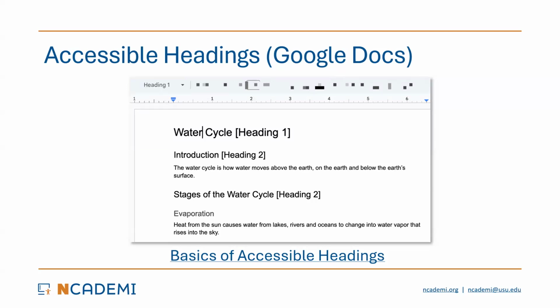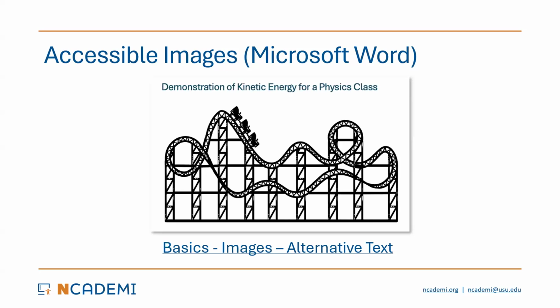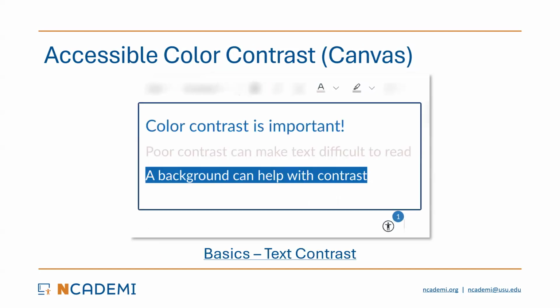So we're going to look at accessible headings in Google Docs, a tool I know that many teachers are using. Then we're going to jump over to Microsoft Word and talk a little bit about alt text and making images accessible in Microsoft Word. And then lastly, we'll go over to Canvas and take a quick look at making sure that the contrast is accessible with our colors in Canvas.